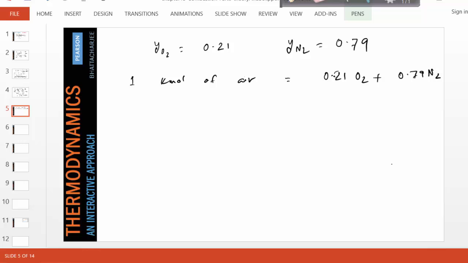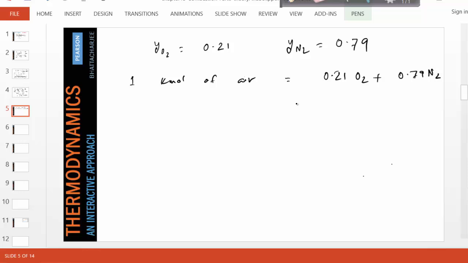But many a time, we need oxygen. So therefore, instead of 1 kilomole of air, if you want really 1 kilomole of oxygen, then you have to multiply.